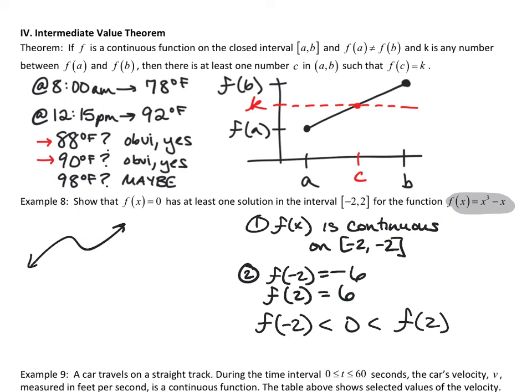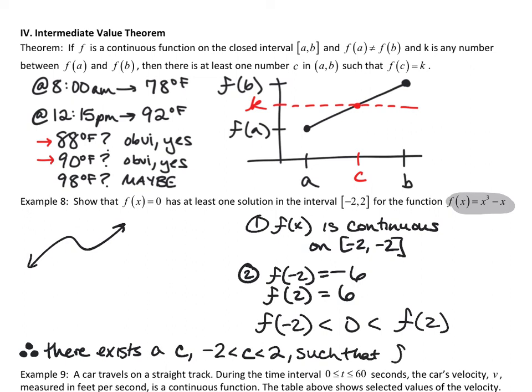So here's how we justify this answer. We use the mathematical symbol for the word therefore, 3 little dots, and we write the sentence, there exists a value c between -2 and 2, so that interval, such that f of c has to equal 0, which is what we're asking to justify. And make sure you tell me that that is due to the intermediate value theorem.